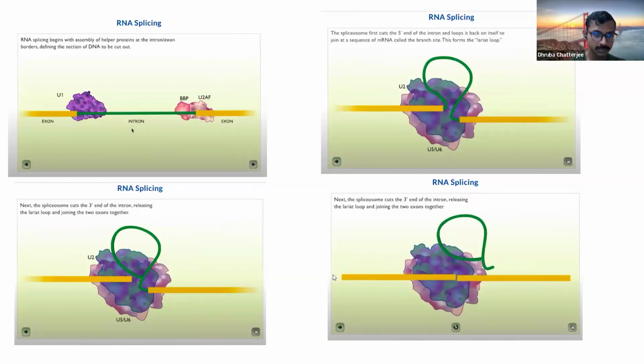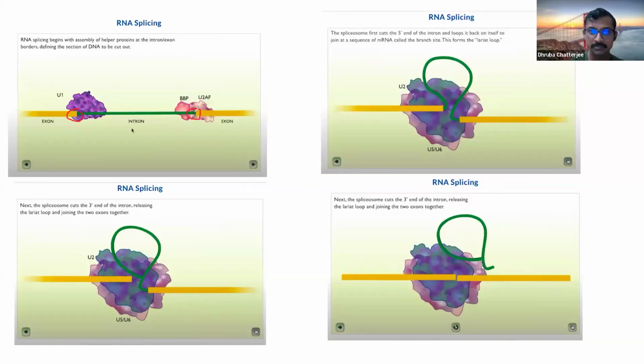So how does that happen? As I already mentioned, there are ribonucleoprotein complexes, made up of both proteins and RNAs. They bind at different sites. They actually bind at these exon-intron junctions, right? These splicing components of the spliceosomes bind at these exon-intron junctions.